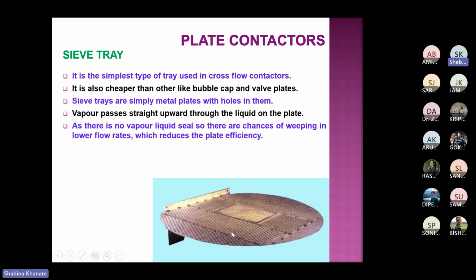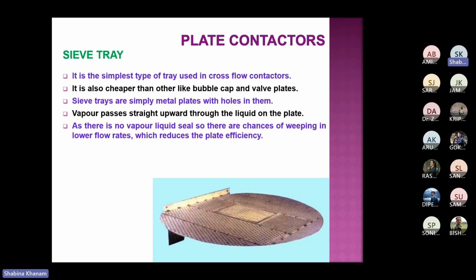However, in this sieve plate there is no provision for liquid to stay over the plate. If vapor velocity is less, liquid will start moving down. So that is the limitation of this sieve plate, because low vapor flow can occur in the distillation column. You cannot say that the vapor flow should be at this level only.